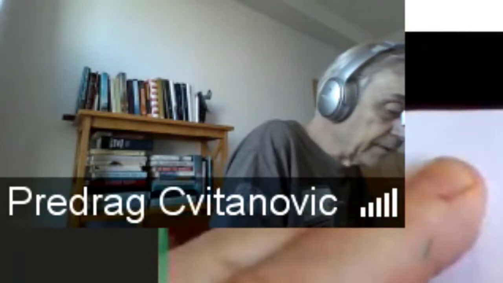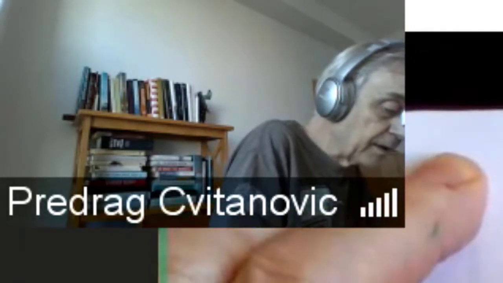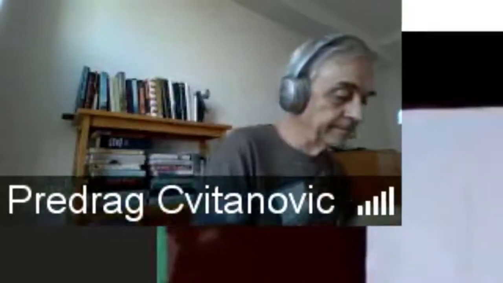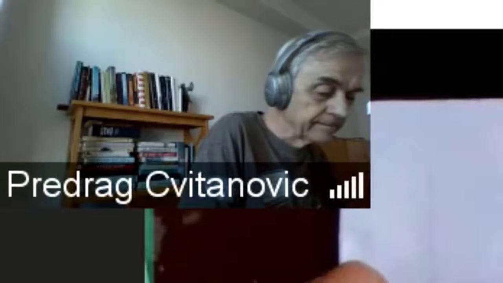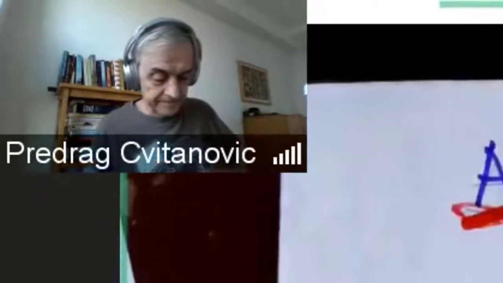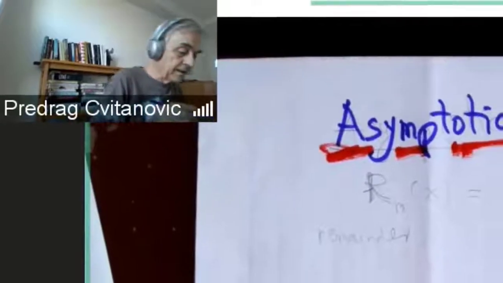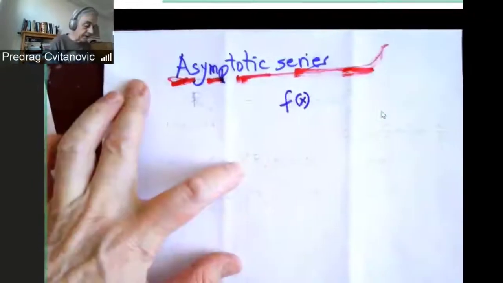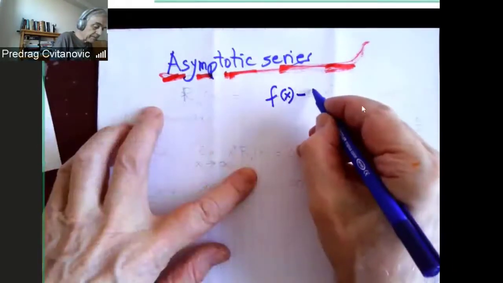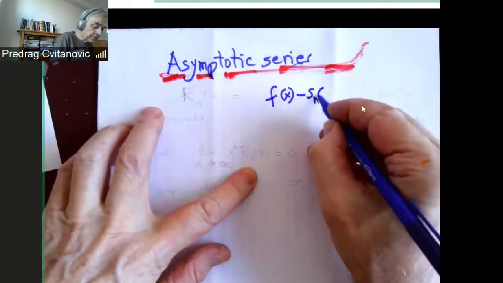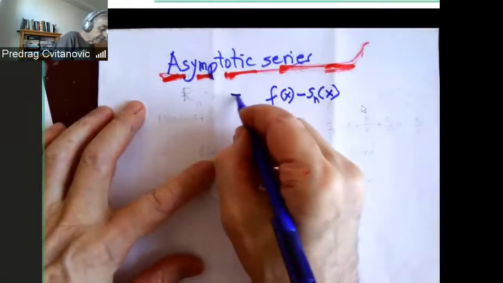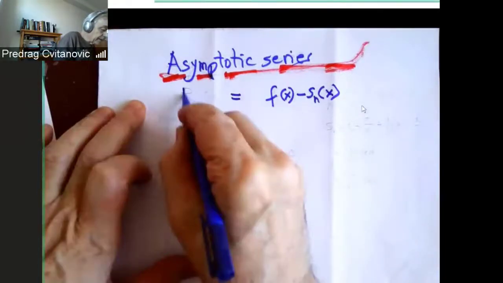So he defined what we mean by asymptotic series. Poincaré said, consider the remainder. If you look at the function you're trying to approximate by the series and subtract from it a partial sum of n terms which is supposed to approximate it, call this a remainder.